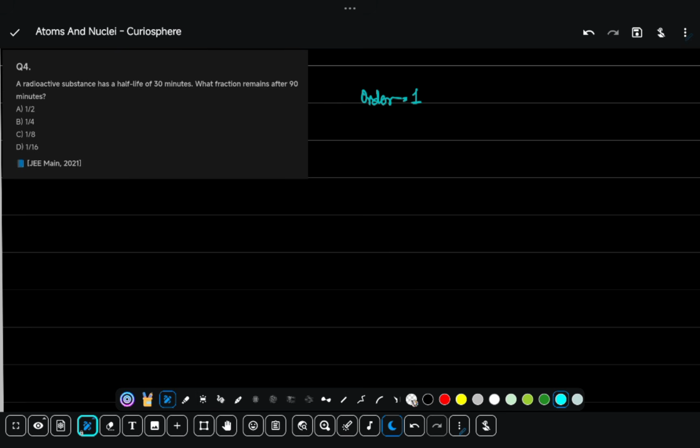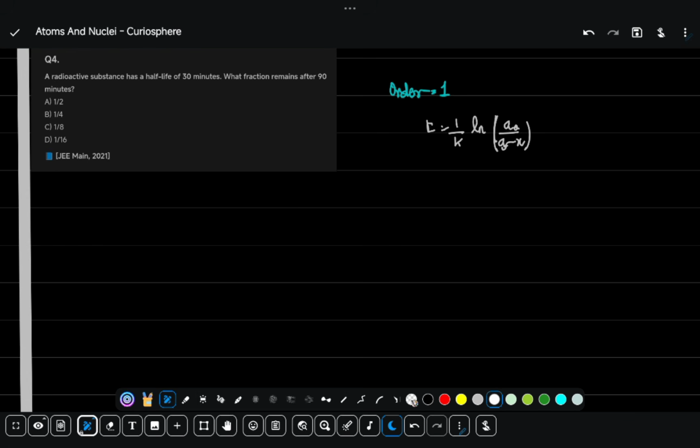For first order reactions, you know the formula. Directly write the t formula first: t is equal to 1 by K ln A naught by A naught minus x, where K is the rate constant, A naught is the initial amount and x is the amount which has decayed. Since it is a radioactive substance, we know it is a first order reaction.